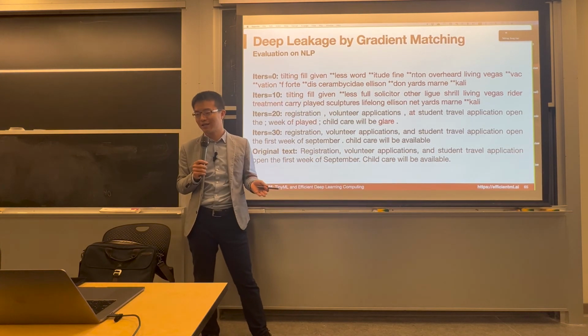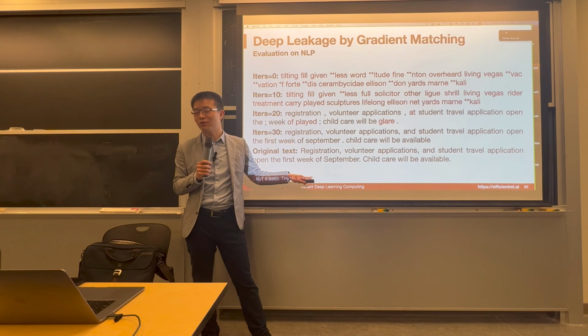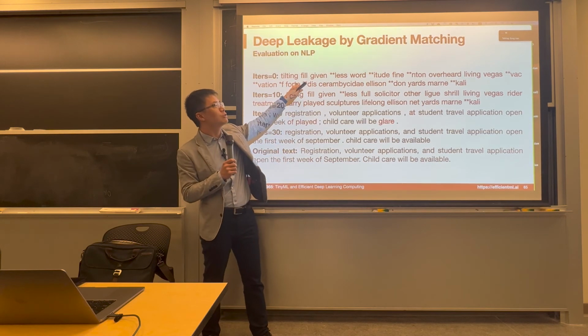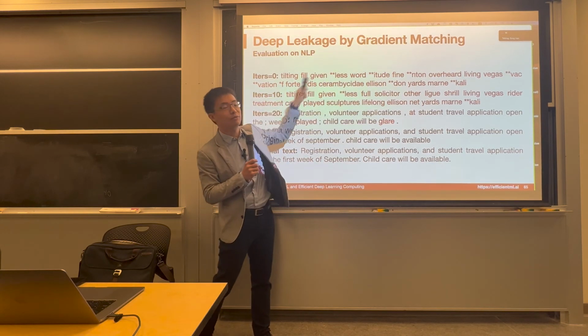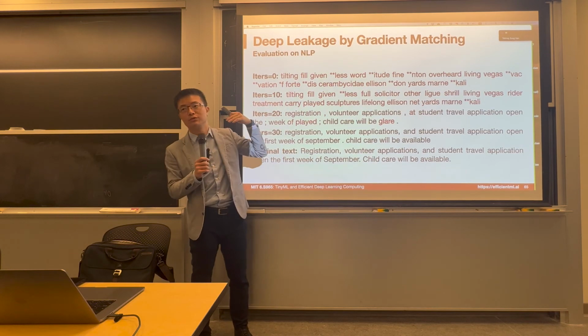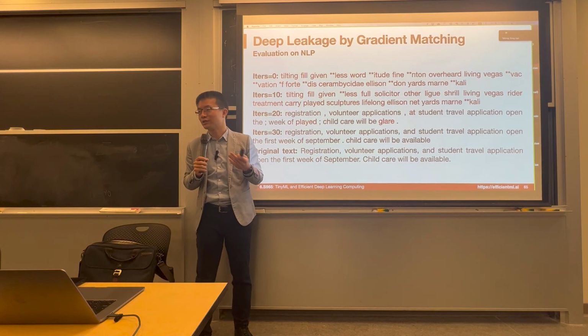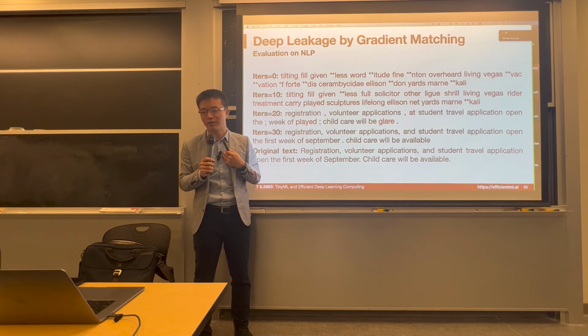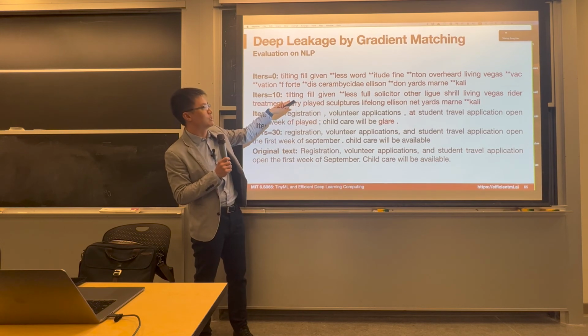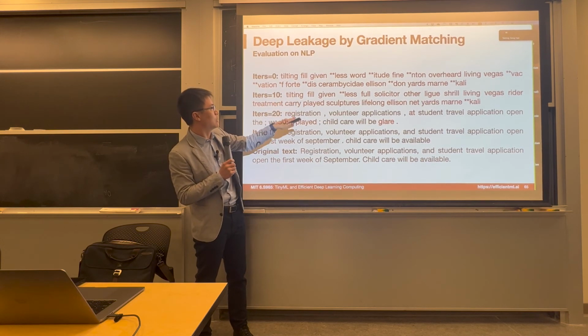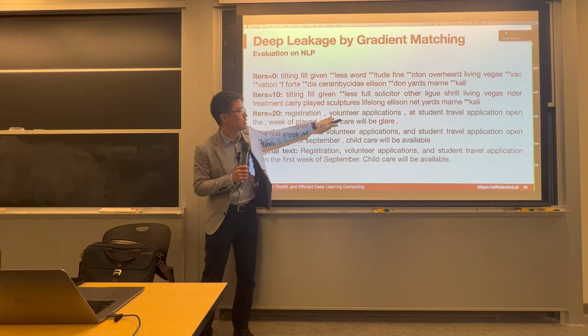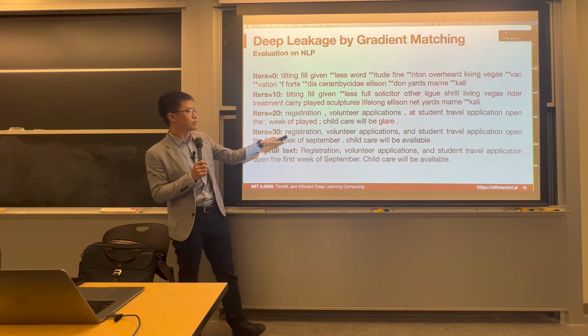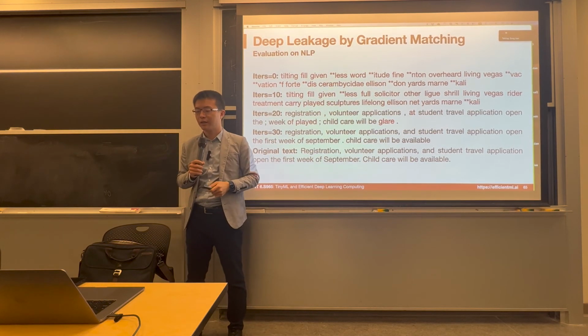We try to attack by stealing the raw input sentence, first initializing a random input, and then backpropagating to match the gradient. Since we can obtain the gradient, we try to match it. By iteration 10 and 20 it is already almost there, and after 30 iterations, I can recover the full sentence.